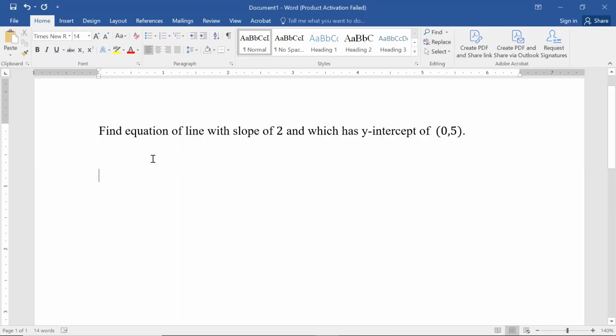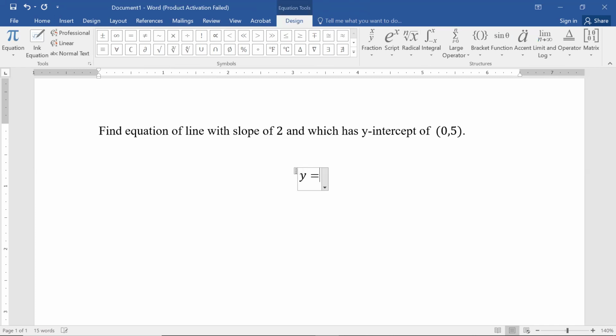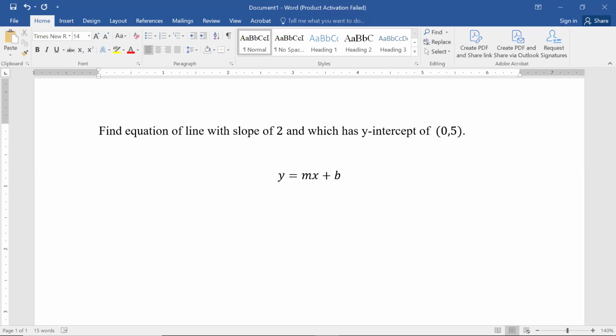So what I usually do is write down my slope-intercept form first, y equals mx plus b, just to know that I'm looking for the m and the b.